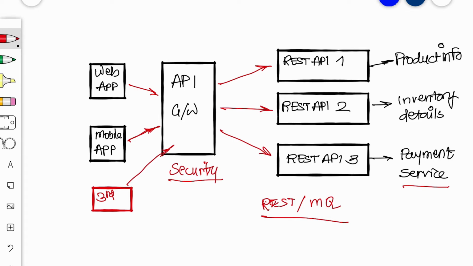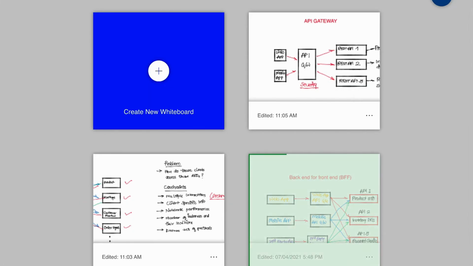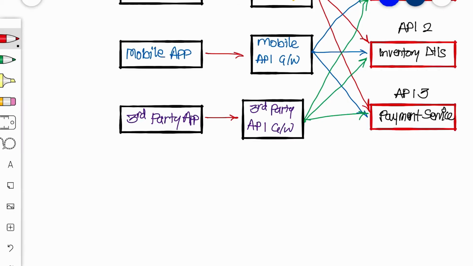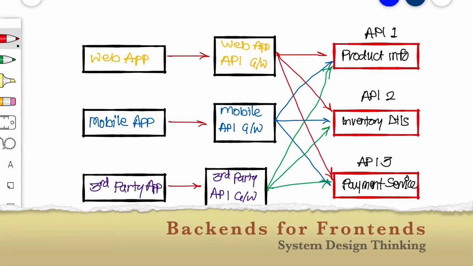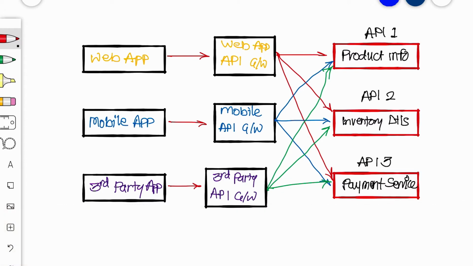And there is also another way of implementing API gateway, which we call backend for frontend, right? Instead of having one single point of entry for all the clients, here we put three API gateways, and we build them for client specific implementation.